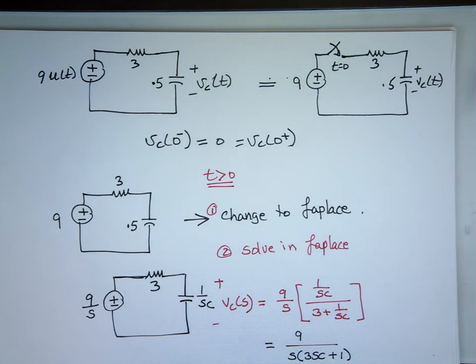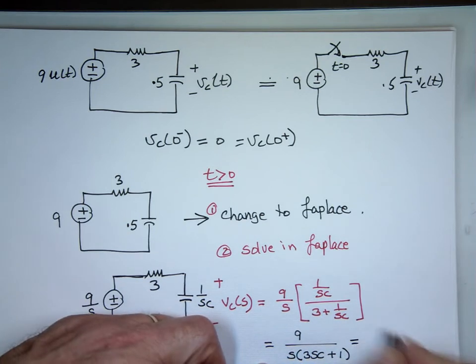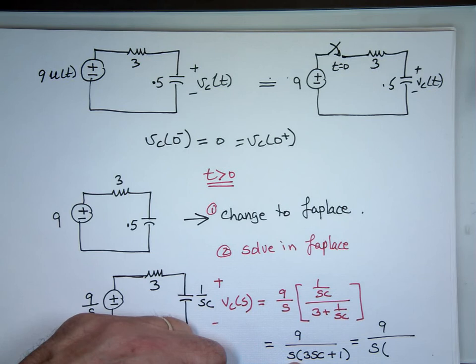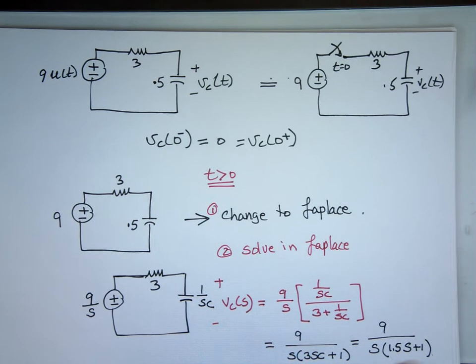And C is 0.5. S times, what's 0.5 times 3? 1.5? S plus 1. I don't like the way it looks, 1.5 S. I like to have it S plus a number.